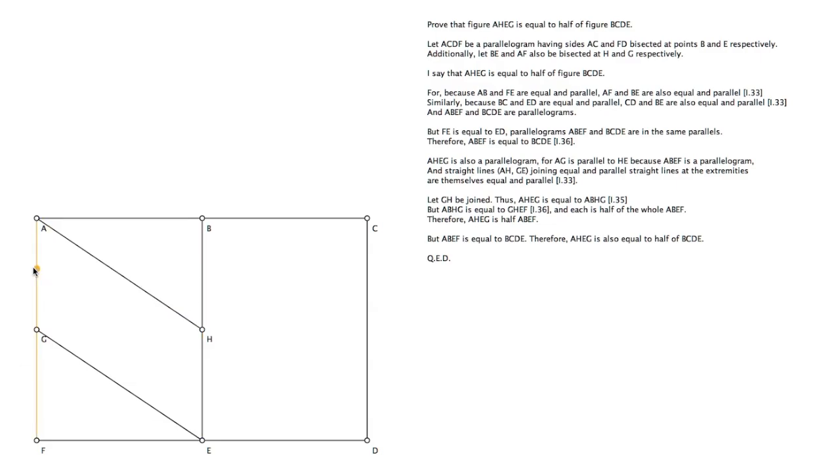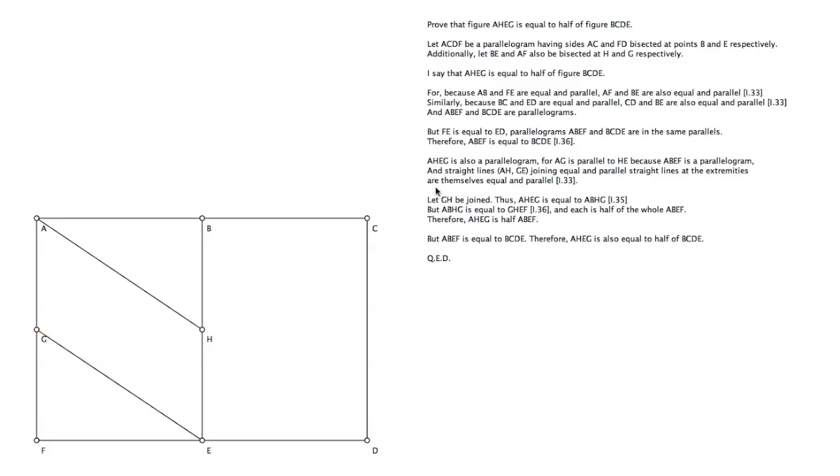And so that means that not only is AG parallel to HE, but they are equal because they're both bisections of equal lines. Okay, and so that means then, again by proposition 33, that AH is going to be equal and parallel to GE because these are straight lines joining equal and parallel straight lines at the extremities, making these, of course, equal and parallel.